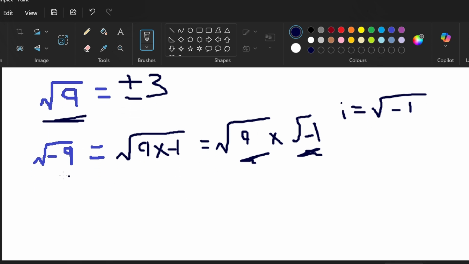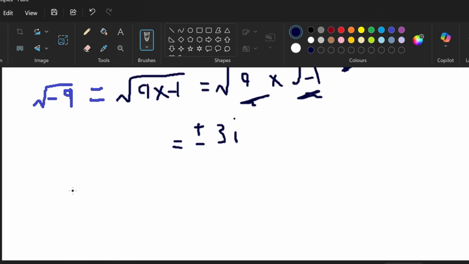And this gives me that the square root of minus 9 is, taking that the square root of 9 is positive or negative 3, times the square root of minus 1, which if we look here, is i. And that's how I write the square root of a minus number.